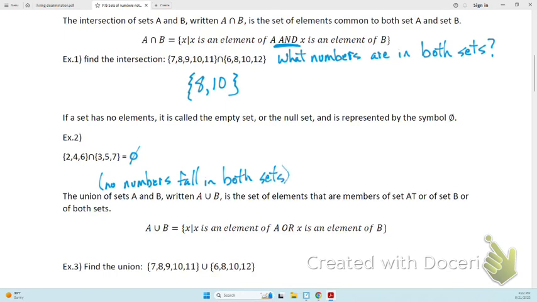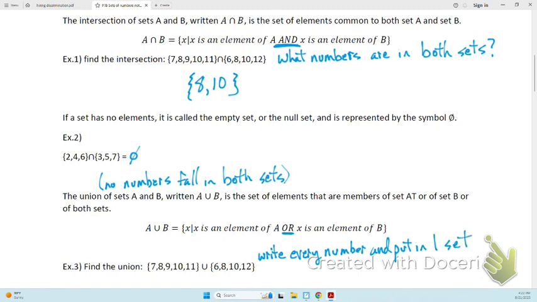All right. The U stands for union, and another word for that is or. Another way to think of it, kind of, is combine. I want to combine both of these sets. Put everything into one set. Just don't write anything twice. Write every number and put it in one set.